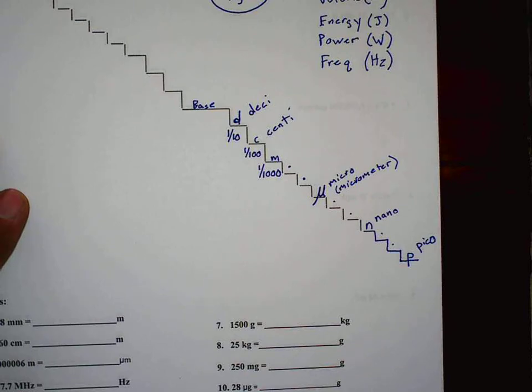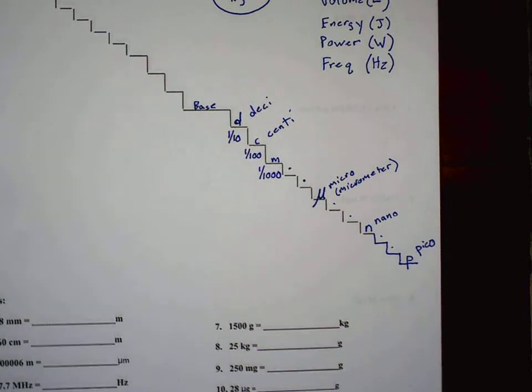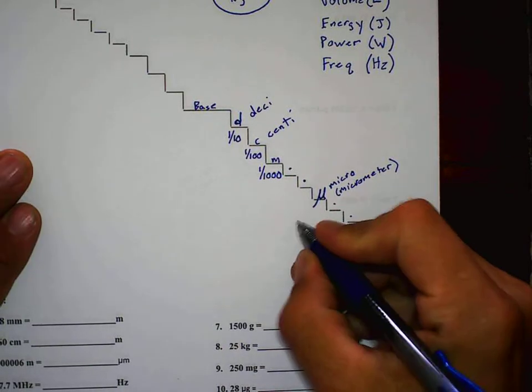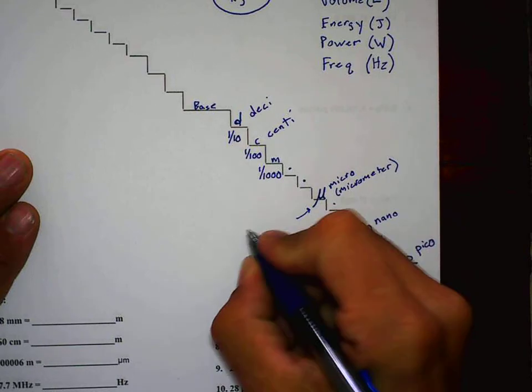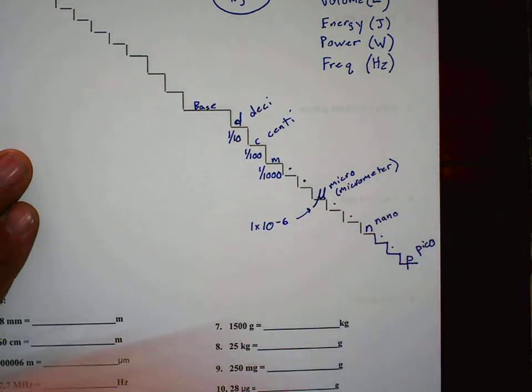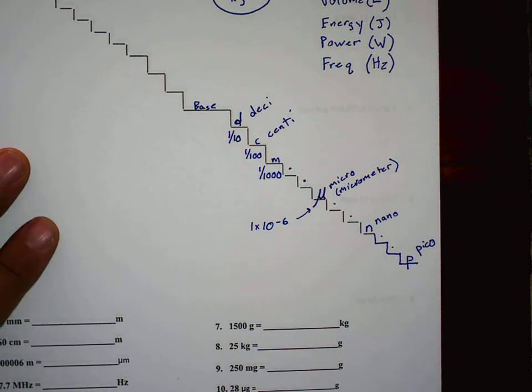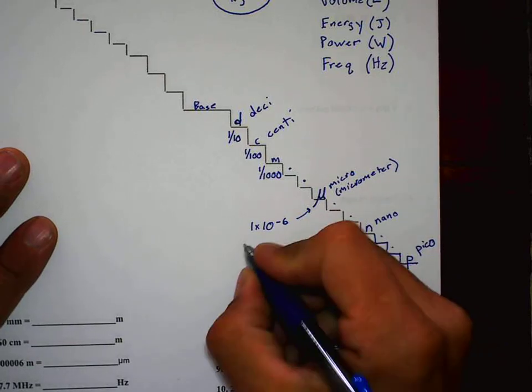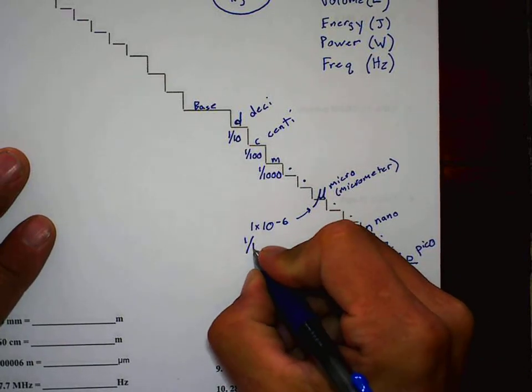All right, biology fans, if you're looking under a microscope or something like that and measuring cells and viruses, bacteria, you might be talking in microns, which are micrometers. Here's what it means. This is 1 times 10 to the negative 6. You notice I didn't use a fraction right there. The negative 6 is the fraction. It means 1 divided by 1 million.